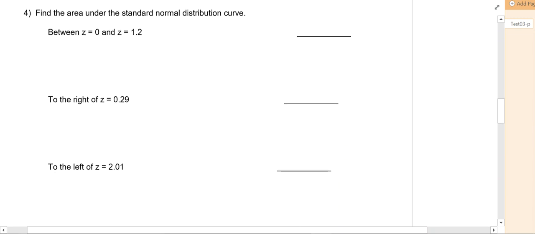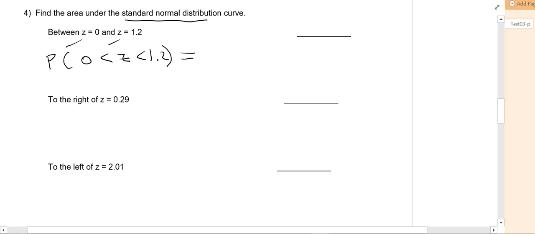Looking at number 4. I'll pause, give you time to stop the video. Okay. I am working with a standard normal distribution. Why? Because I am working with z. So this problem is asking for the probability that z is between 0 and 1.2.